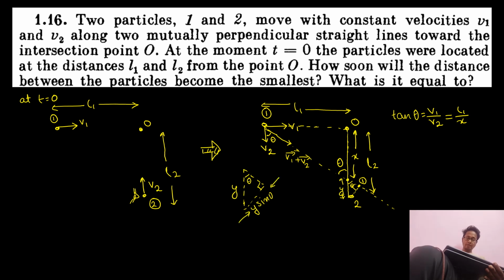You need to find out the value of y sine theta in this triangle. So this is our equation one. We do know that x plus y is equal to L2.